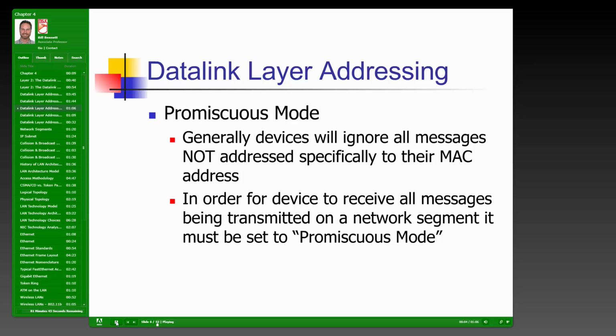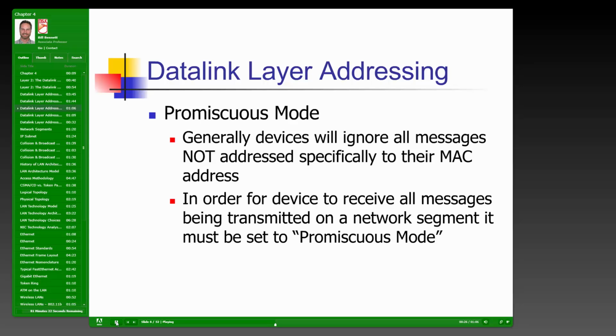The way that networking works is the devices are listening for messages on the media, and if the destination address of the message that's traveling on the media matches that of the interface, then the interface goes ahead and receives that particular message and processes it.